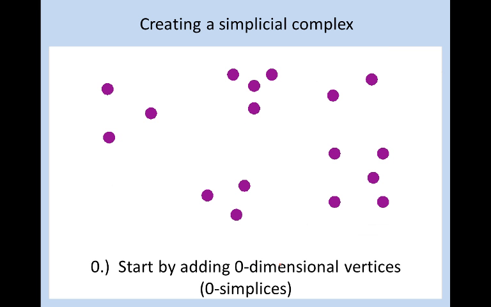To create a simplicial complex, we start by adding zero-dimensional vertices. So our step 0 is to add zero-dimensional 0 simplices. So we just add a bunch of vertices. A collection of vertices is called a zero-dimensional simplicial complex.